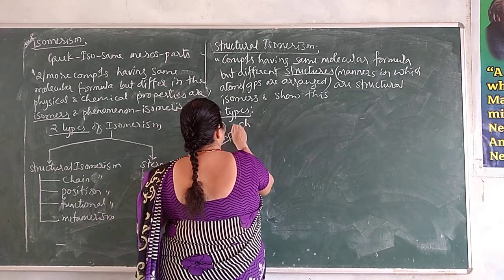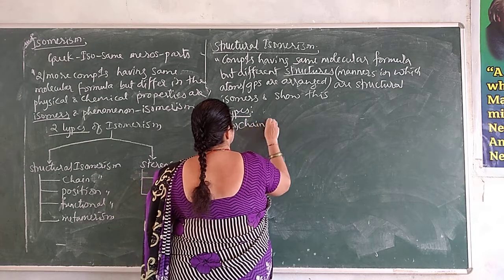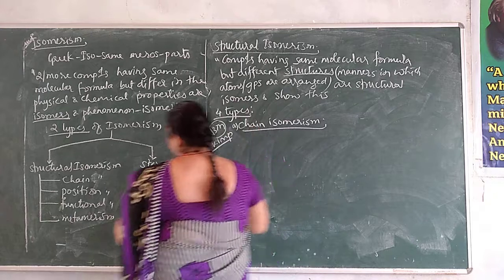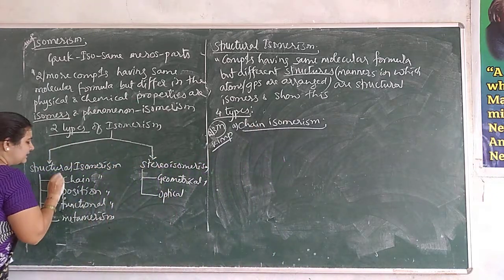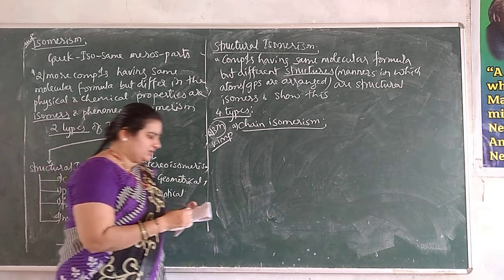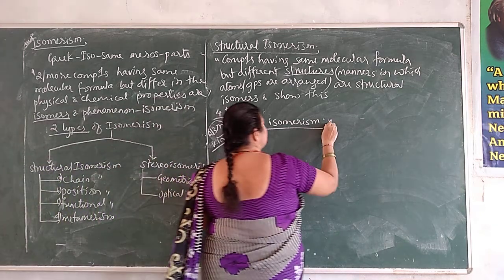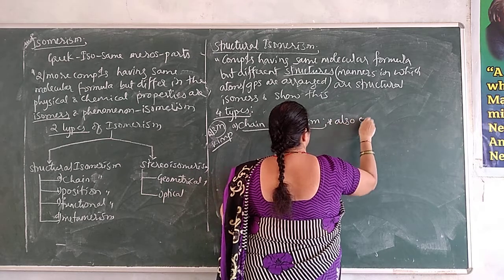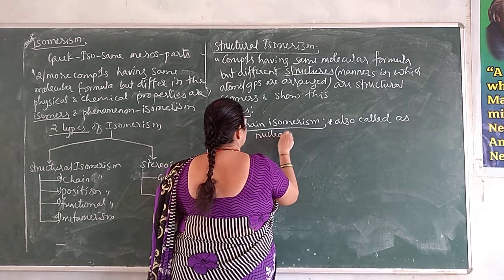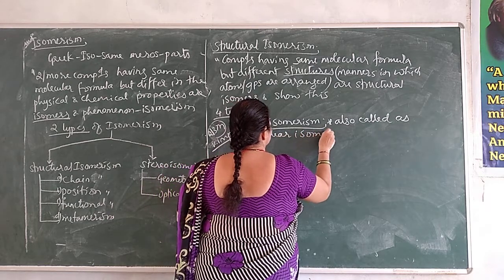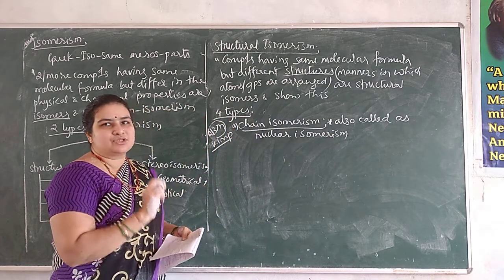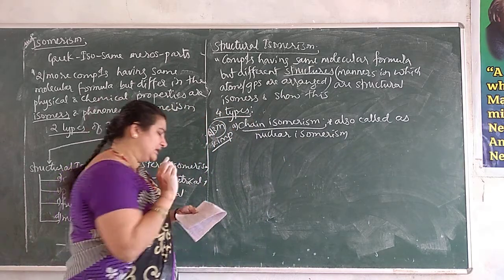So first one, A, chain isomerism. Let me number them A, B, C, D. Chain isomerism is also called nuclear isomerism, which means it differs in the chain of carbon atoms to which the structure is related.